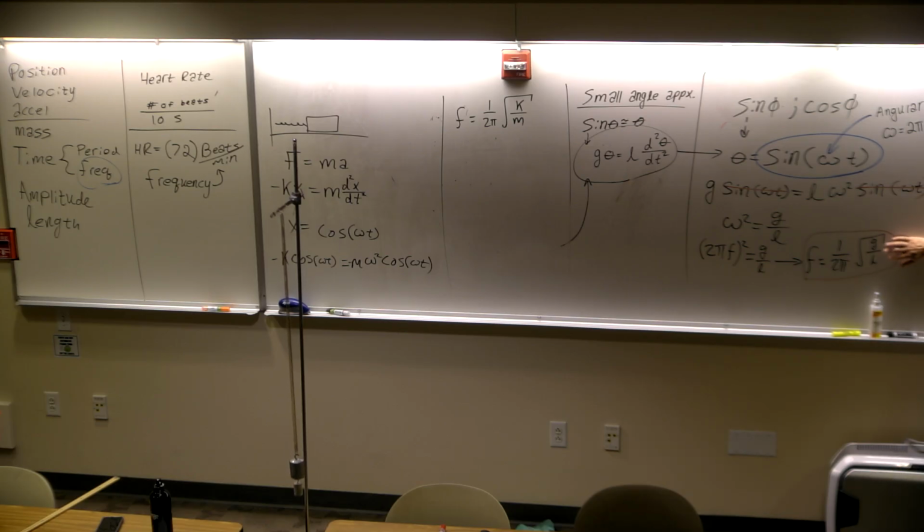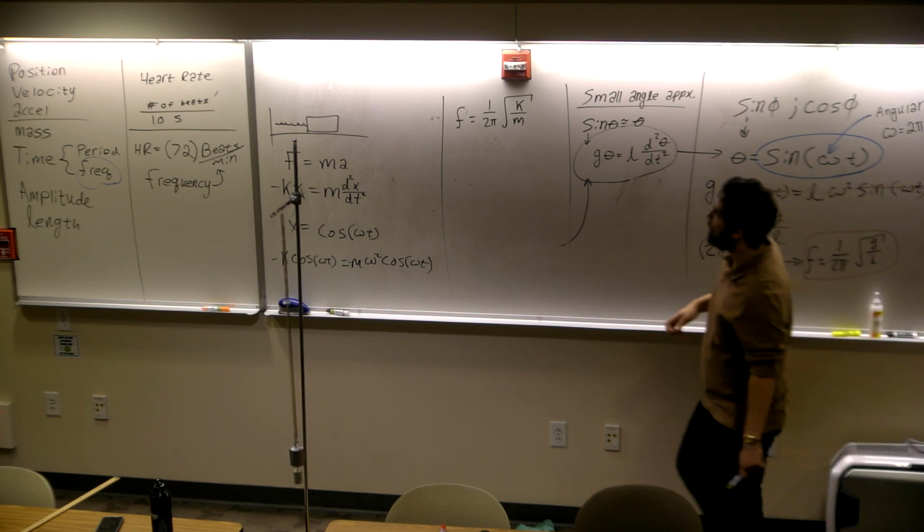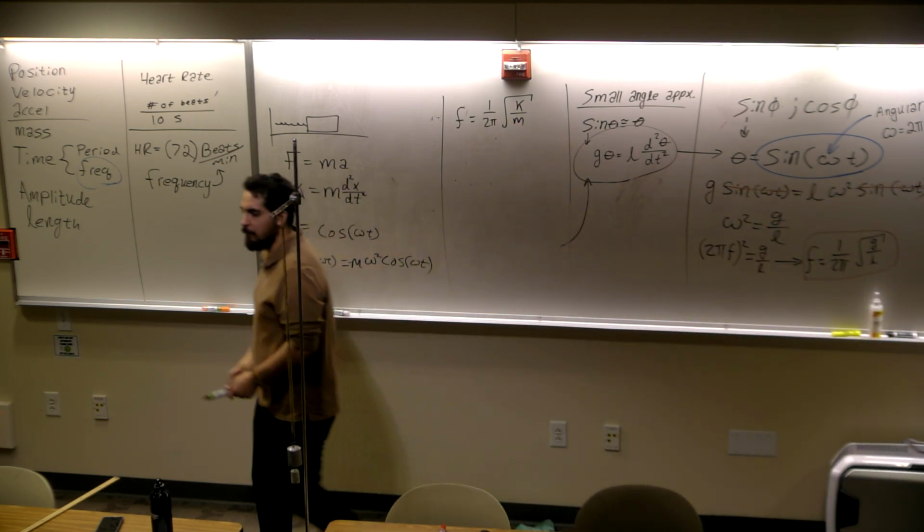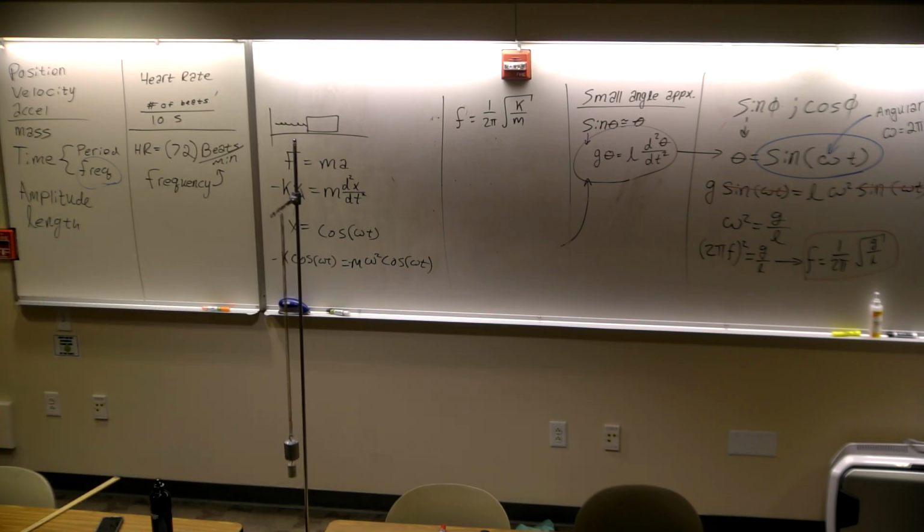Just the difference is spring constant k instead of acceleration due to gravity g. Well, that's interesting. Both of those are the driving forces of our oscillating object, right? The spring constant is what determines how strong the spring pulls. g determines how strong gravity pulls. And you have the length as well as the mass being different in either equation. But both of these follow a very similar pattern.